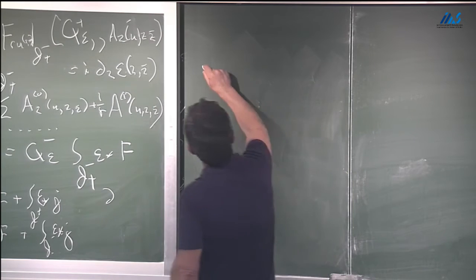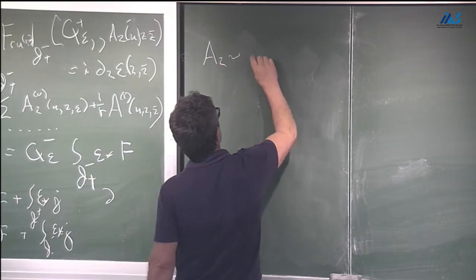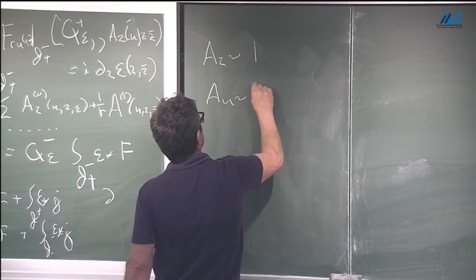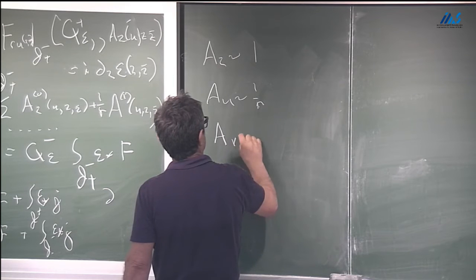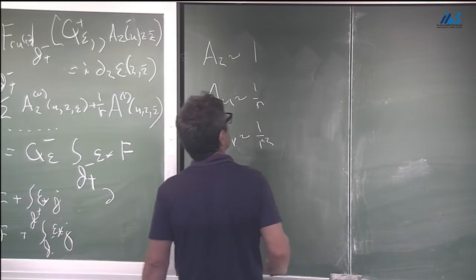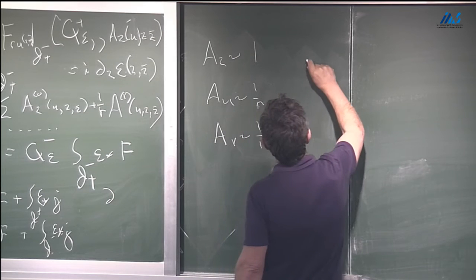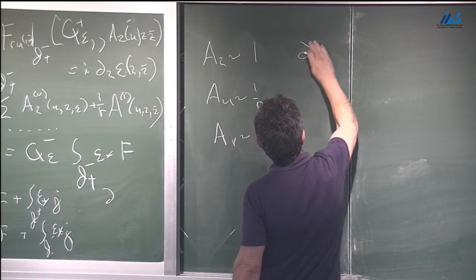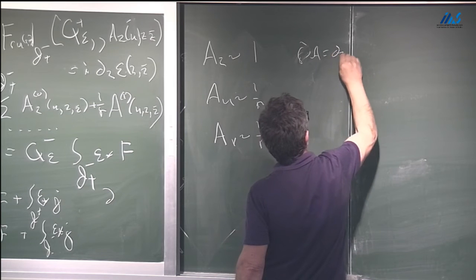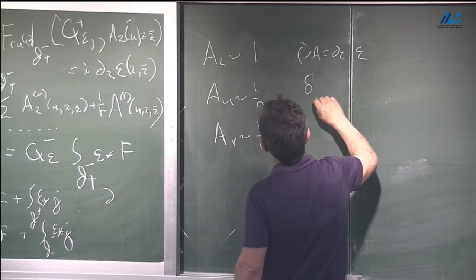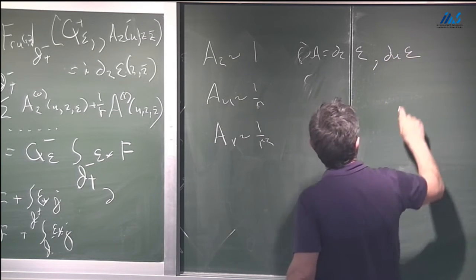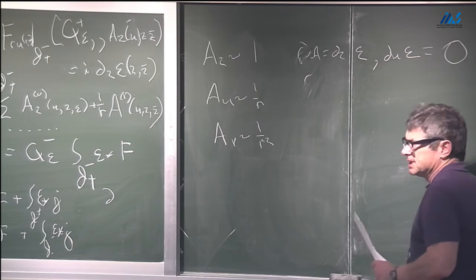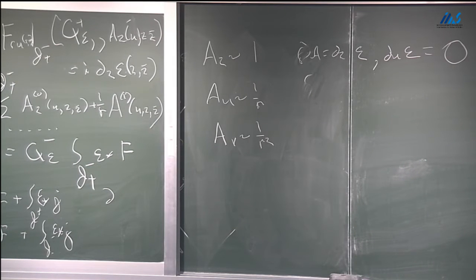And all you do is you say, okay, finiteness of the energy tells me that AZ should go like 1, AU should go like 1 over R, and AR should go like 1 over R squared for finiteness of energy. And the gauge transformations which preserve these conditions are delta A equals dz epsilon, with du epsilon equals 0. So these can be understood in the conventional way as asymptotic symmetry transformations.